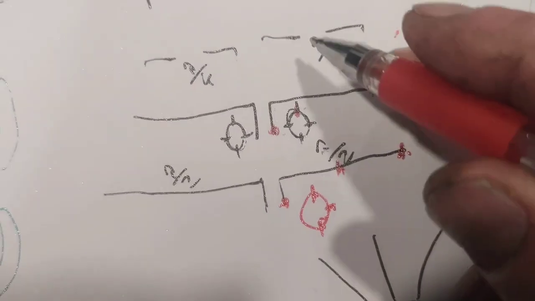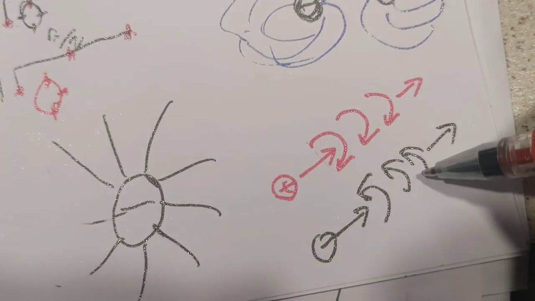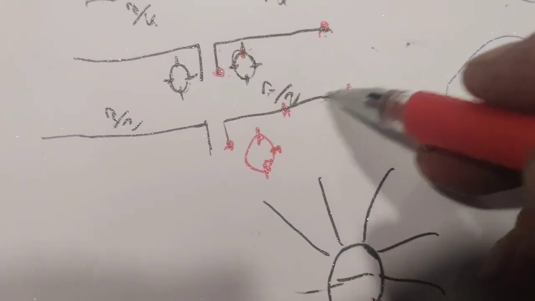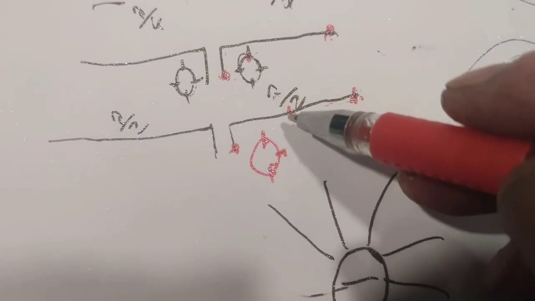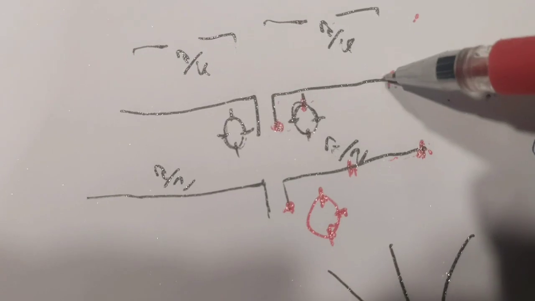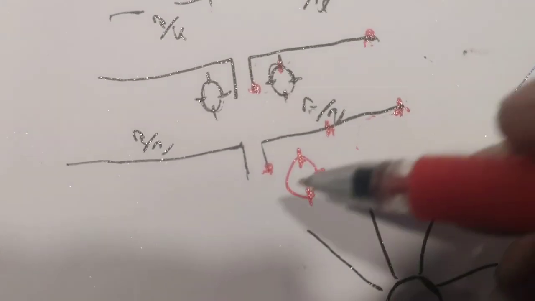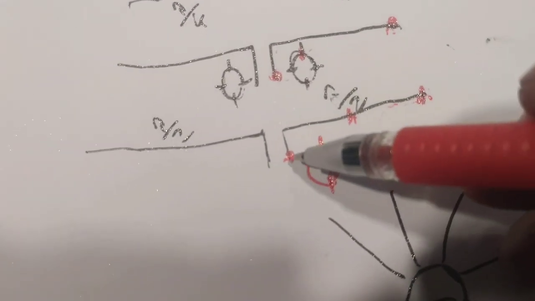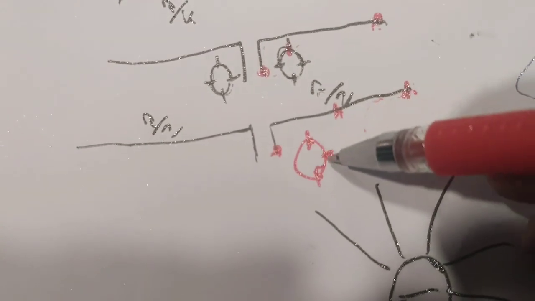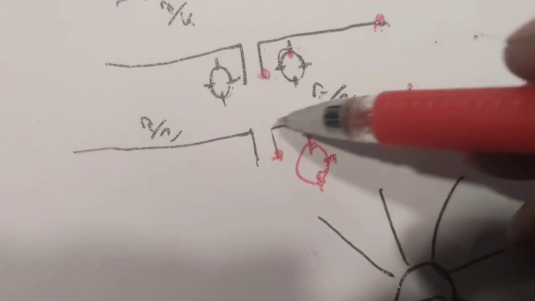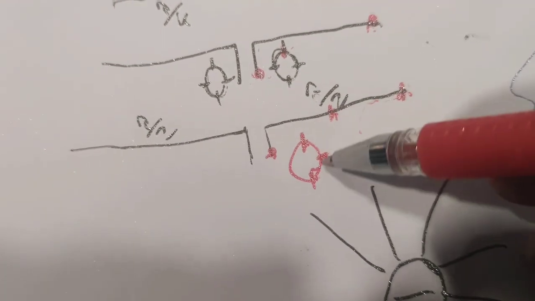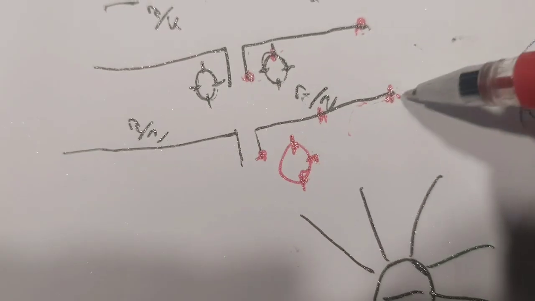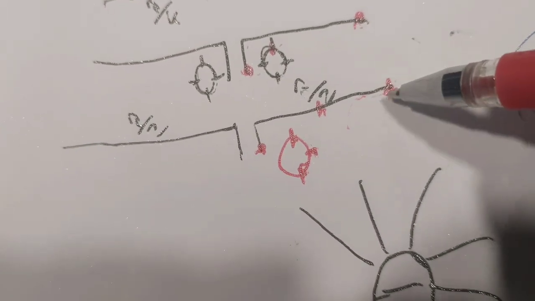And of course, like before, it's changed its rotation of the magnetic field, but not its charge. So let's go back. We started positive. By the time it got to 0 at the source, positive reached here. By the time it got to negative at the source, positive reached here.